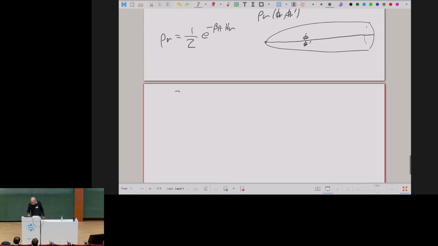So that's a thermal density matrix in the region SR with HR as Hamiltonian and temperature, the Hawking temperature.